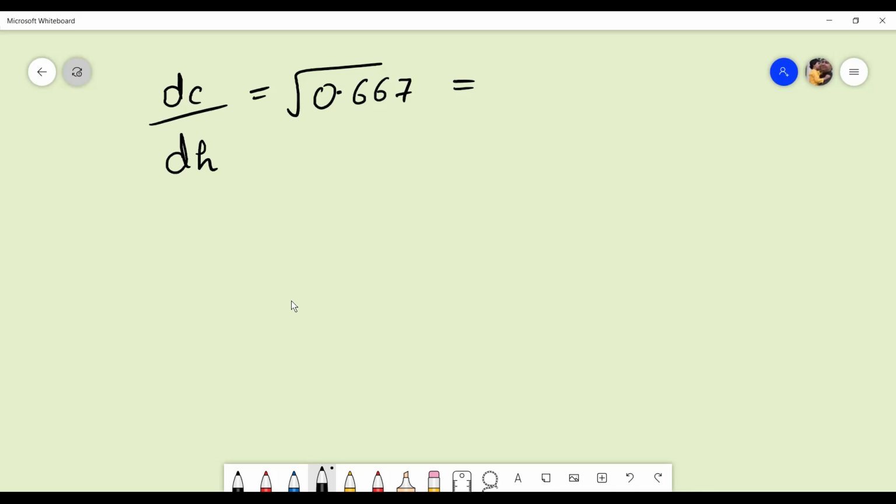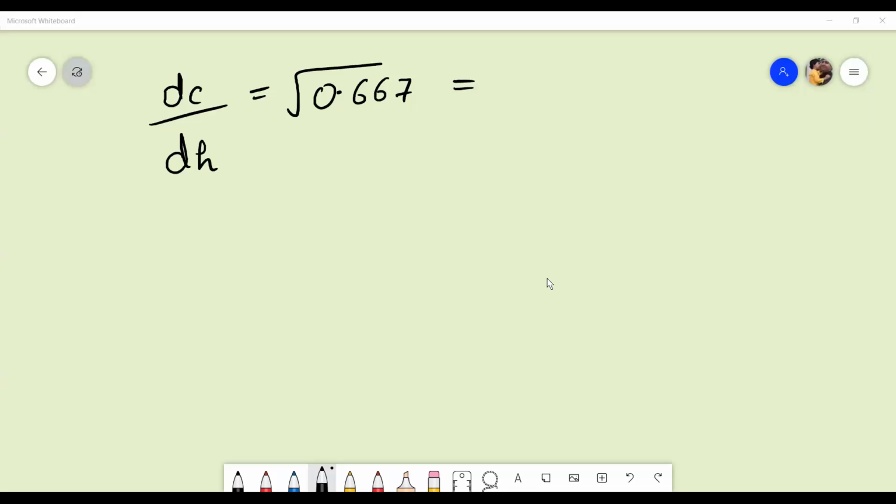Let us calculate this. 0.667, and we need to find the root of that.